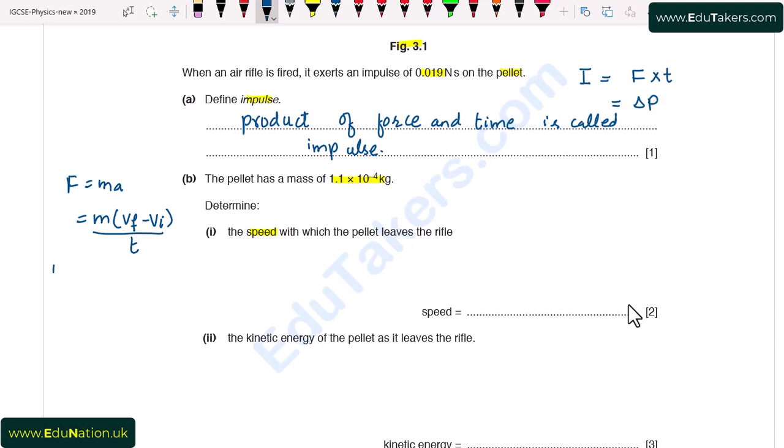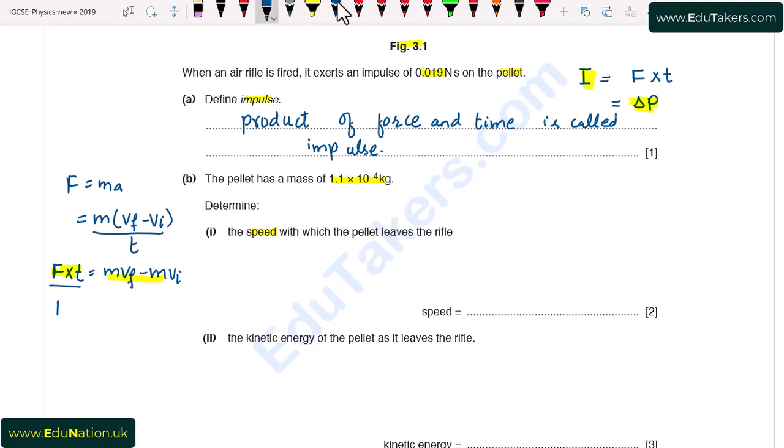So I write here F cross t is equal to m Vf minus m Vi. This product F cross t is basically equal to the impulse, and I write here I is equal to F cross t, and it is also equal to change in momentum. You can also see this relation from this equation.